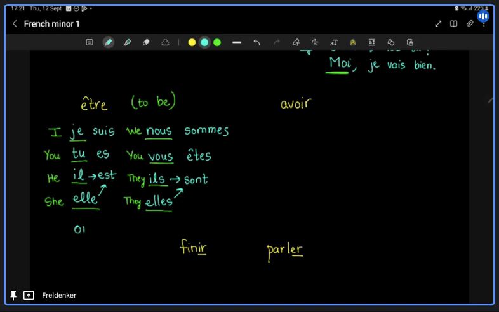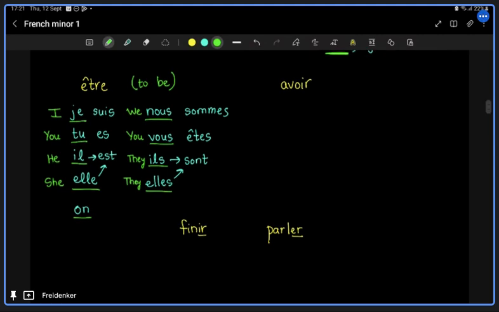And then sometimes you have this magical word "on". On is treated as singular, but it literally means "they", or it has multiple meanings. It is treated as singular, but it could mean many things.